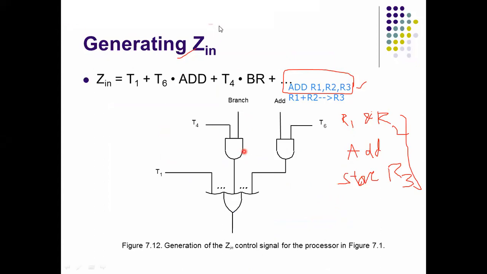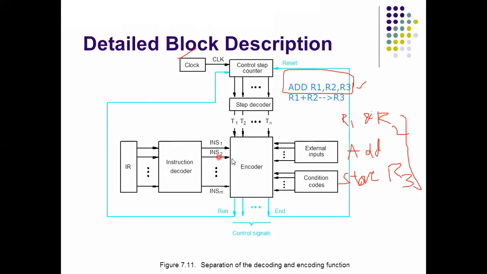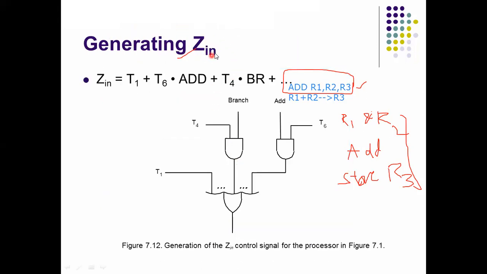Now we are taking generating Zin. This is Zin, that means generating the control signal by the encoder. By using this encoder, Zin is generated. This is a combinational circuit.